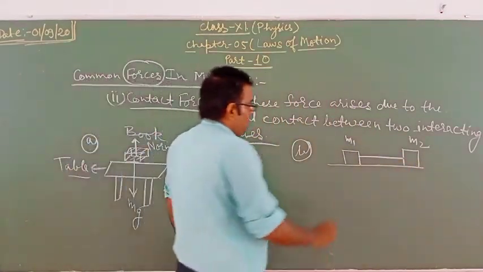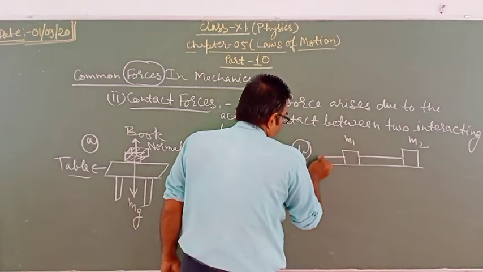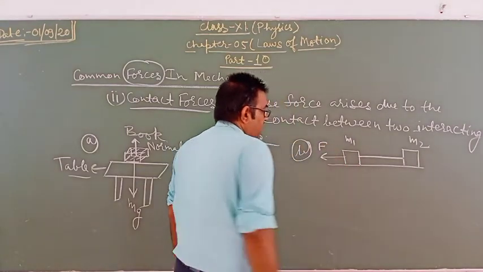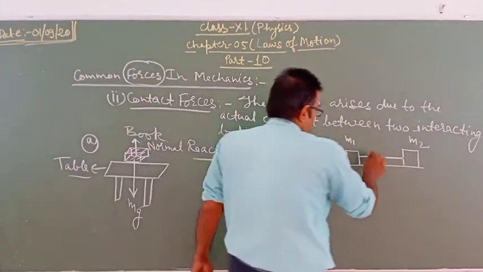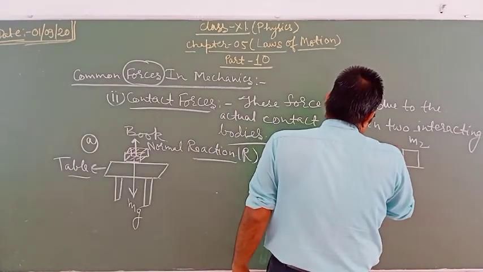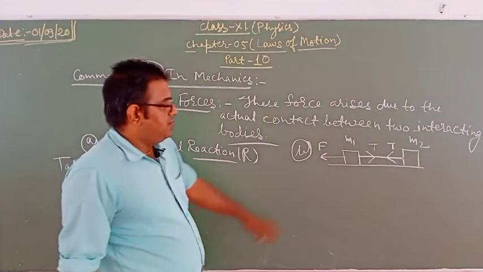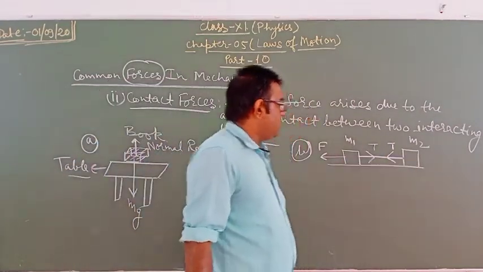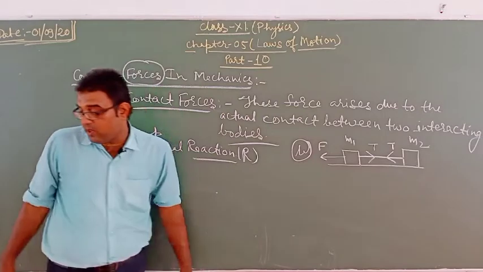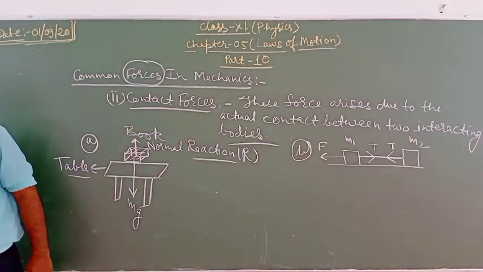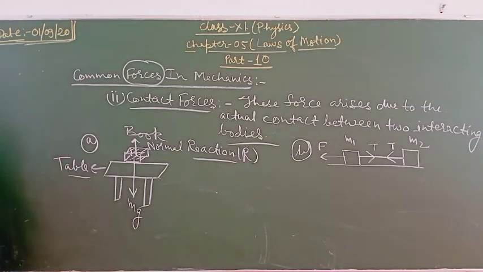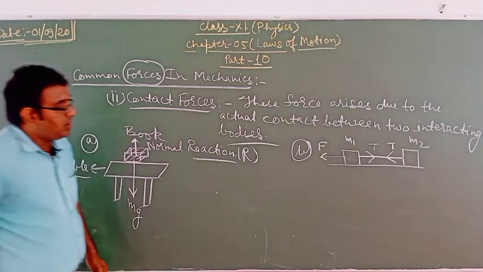If a force is applied on mass m1, then due to Newton's third law, a tension is experienced in the rod connecting the two rigid bodies, masses m1 and m2. So these are the mutual contact forces for each pair of bodies satisfying Newton's third law.